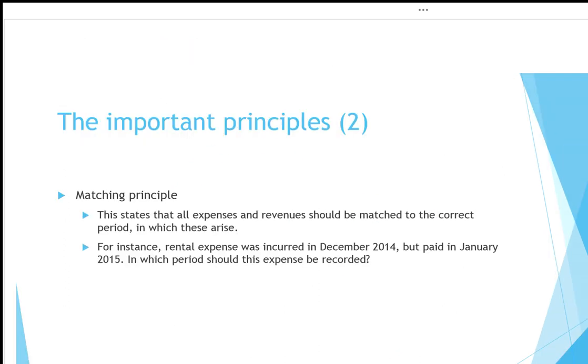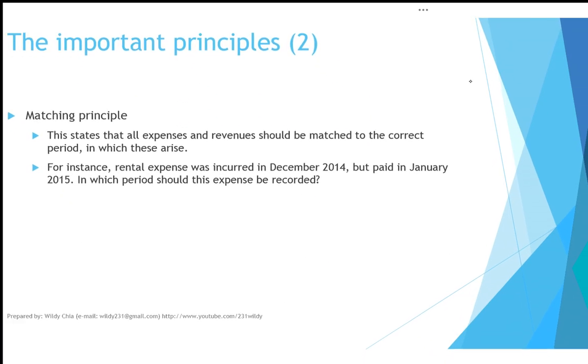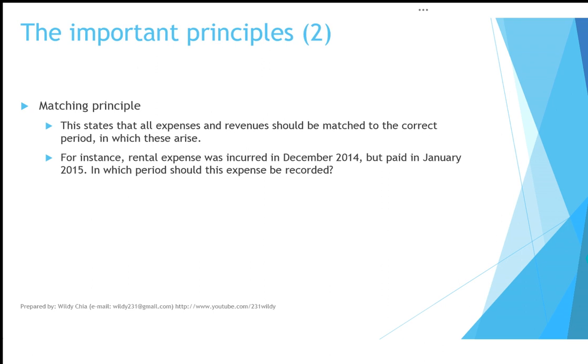Okay, the next principle also commonly applied is the matching principle. Matching principle is very key because it says that expenses and revenue should be matched to the correct period in which they arise. For example, rental was incurred in December, but was paid in January. In which period should this expense be recorded?